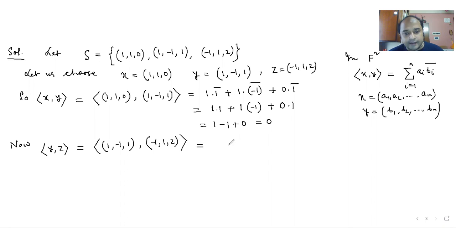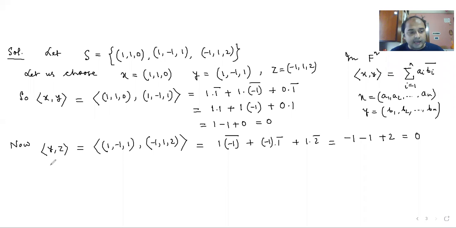If I apply this rule, you will get 1 into -1 bar plus -1 into 1 bar plus 1 into 2 bar, and that becomes -1, this becomes -1, and this becomes 2, which is 0.